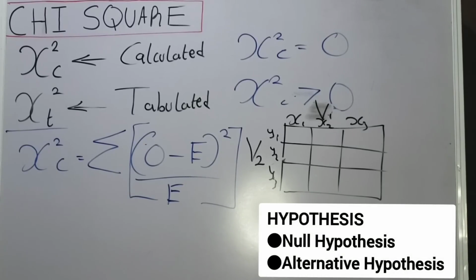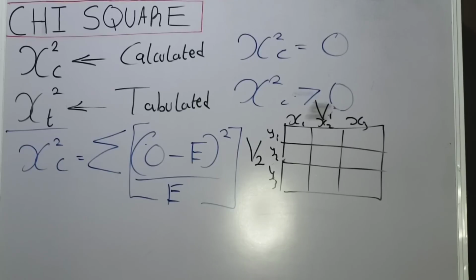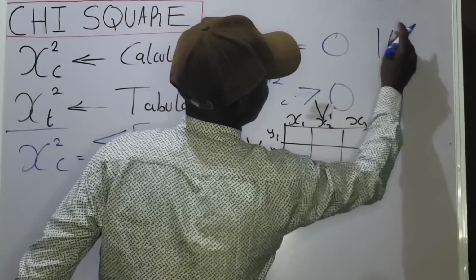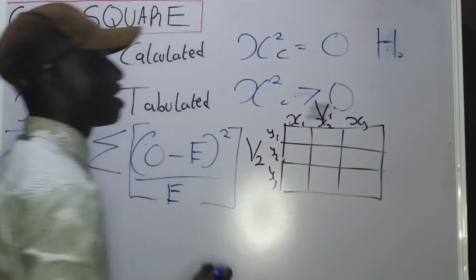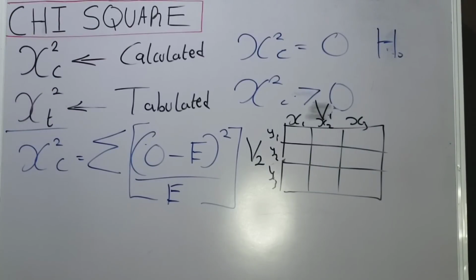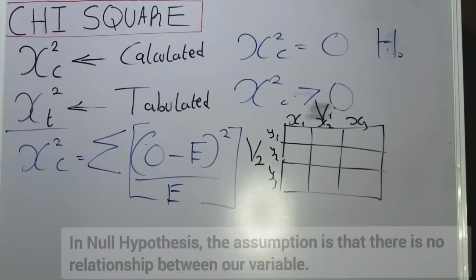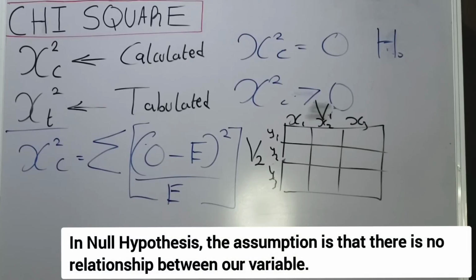The first hypothesis is the null hypothesis. The null hypothesis is usually represented by this sign, H naught. When we are talking about the null hypothesis, the assumption is that there is no effect or relationship between our variables.